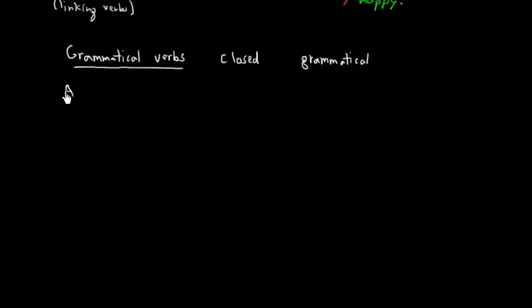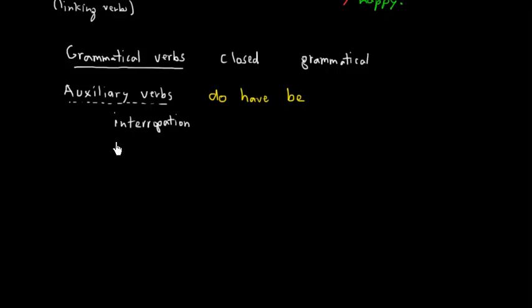Okay, the first group I want to discuss are the auxiliary verbs. We'll put a dotted line under them. And there are 3 of those: do, have, and be. In the syntax of English, we use these 3 verbs to form interrogation, a fancy word for asking questions, negation, and for showing aspect, whether the action is continuous or complete.